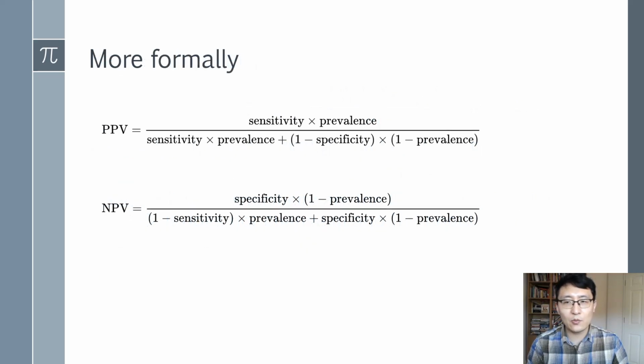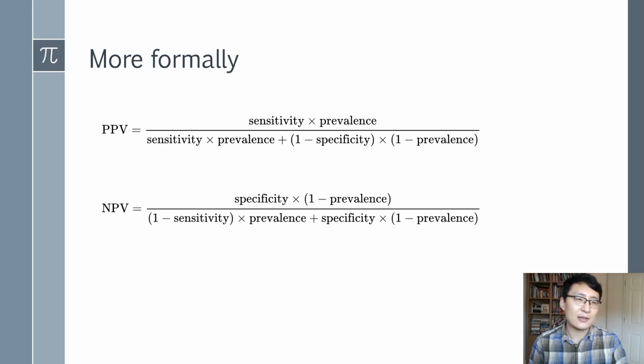If you want a more formal equation to calculate PPV and NPV, this is the equation. As I said, if you do this equation rearrangement, you will get this formula eventually.